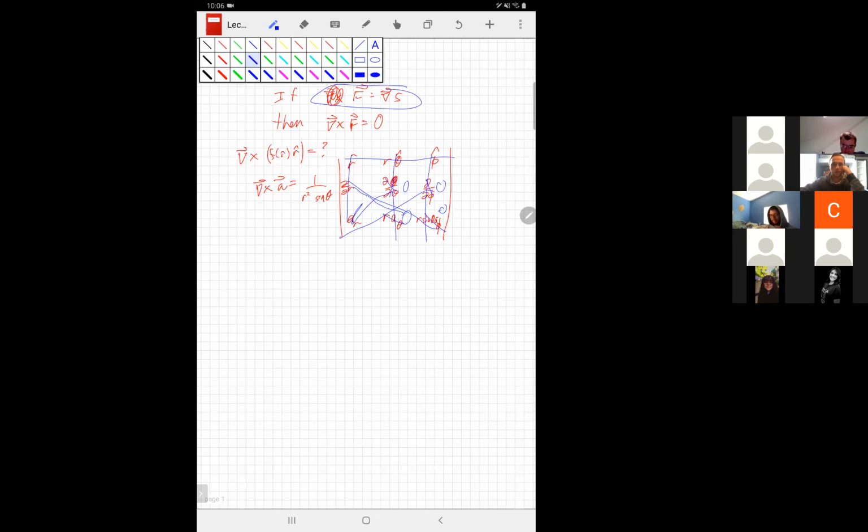The first part we proved: if f is the gradient of a scalar field, then the curl is 0. We proved that last time. It also turns out to be the case, I asserted the proof, and when we start going over surface integrals instead of line integrals, I can prove it. But if the curl is 0, then it's the gradient of a scalar field.